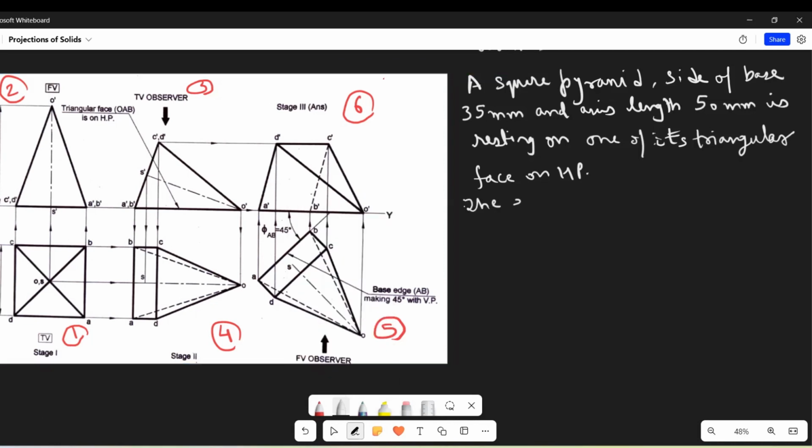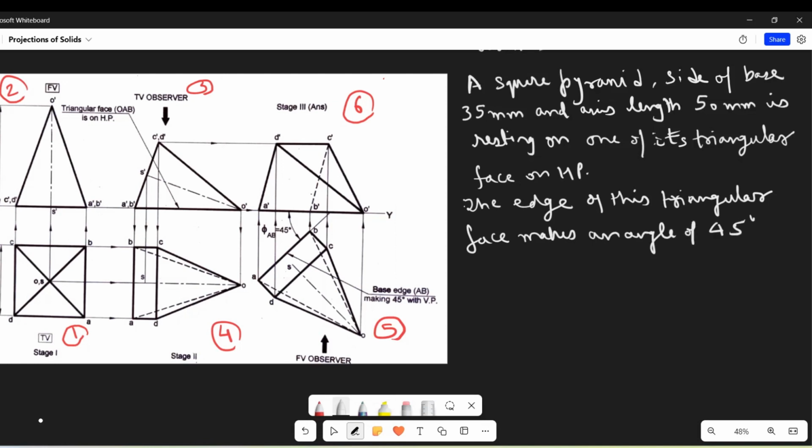So we can frame the question like this. The edge of this triangular face makes an angle of 45 degree with the VP. So draw its projections.